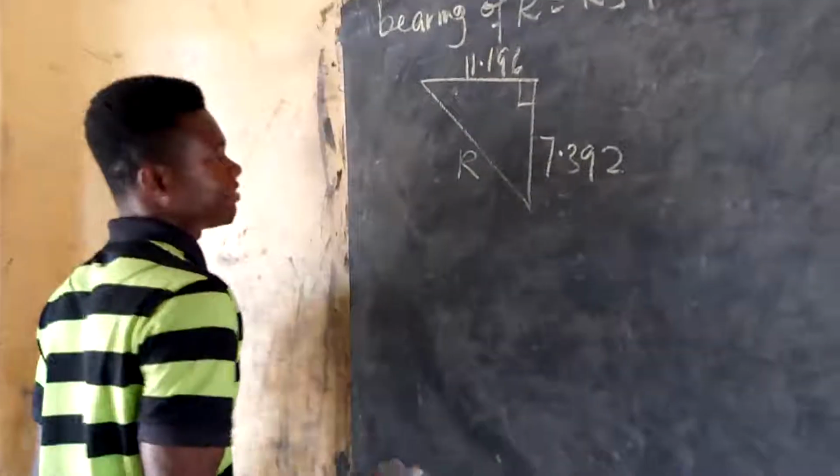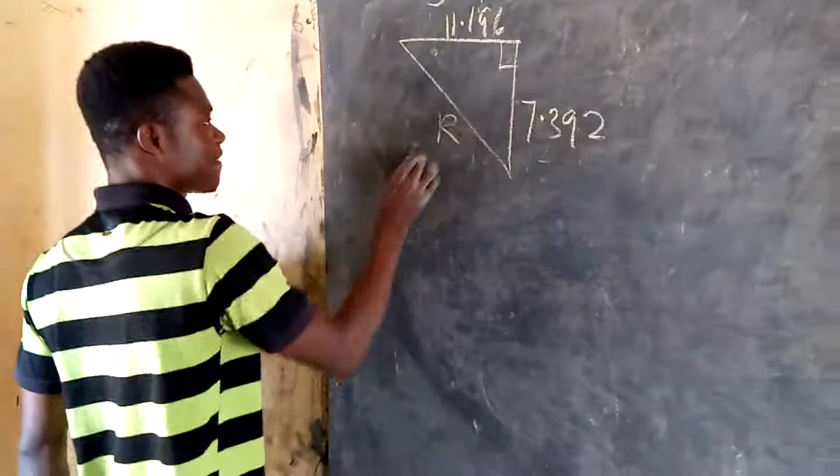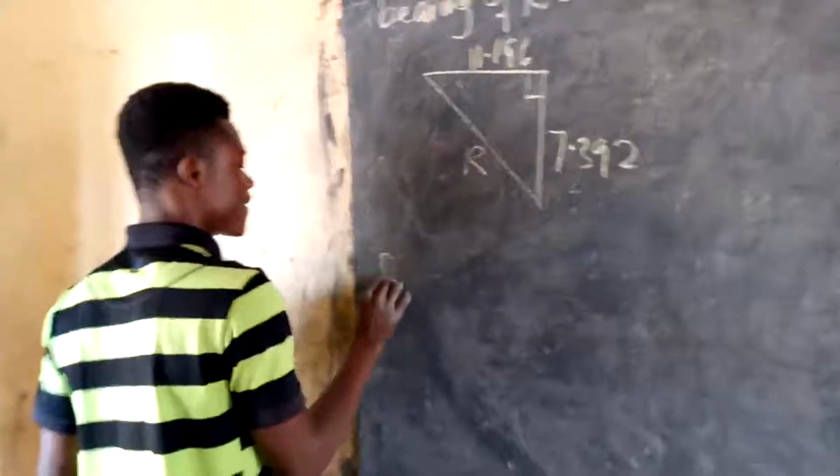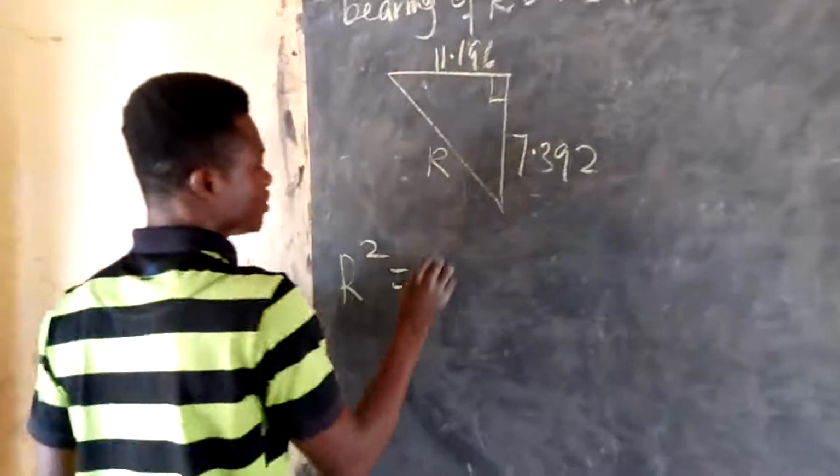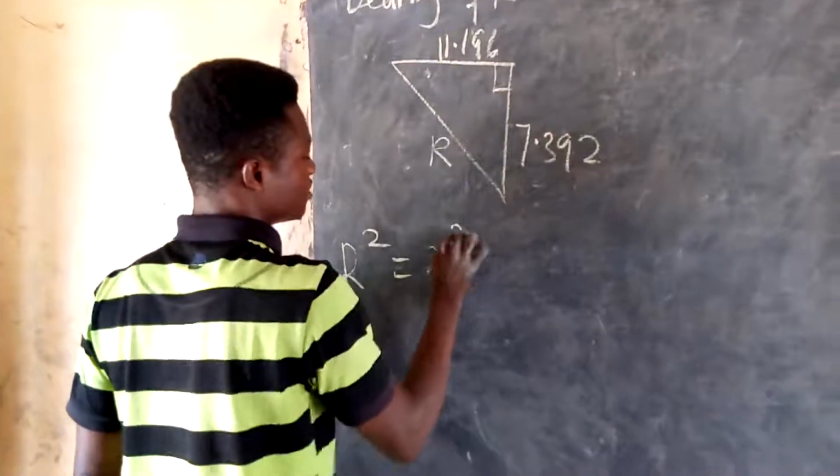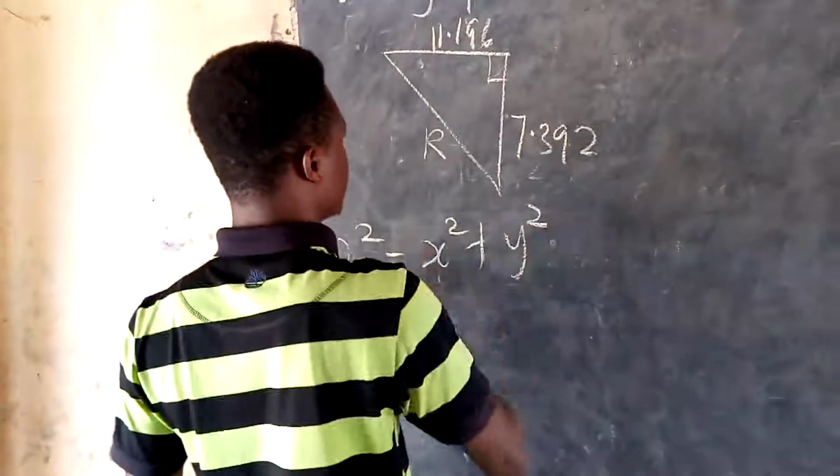By using Pythagoras theorem, the resultant squared is equal to x squared plus y squared.